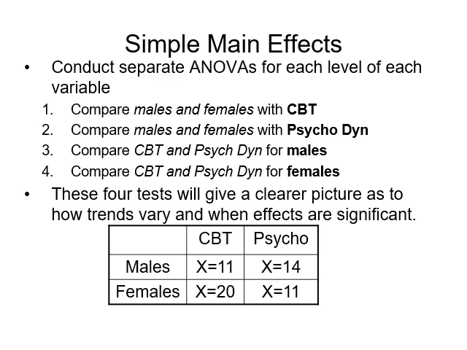Is the difference between males and females just in psychodynamic theory significant? Is the difference between CBT and psychodynamic theory within males significant? And is the difference between CBT and psychodynamic theory in females significant? These 4 tests will give us a clearer picture of how these trends vary and when those effects are significant. And again, because we have the omnibus test of the interaction, we're somewhat free to just go in and find out where those differences are with these post hoc tests.